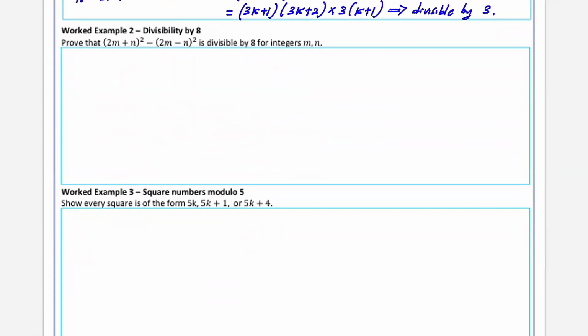Divisible by 8. Okay. Is there an easy way to do this one, question number 2? How to do that? Expand it. If you expand it, it's going to be 4m squared plus n squared plus 4mn.